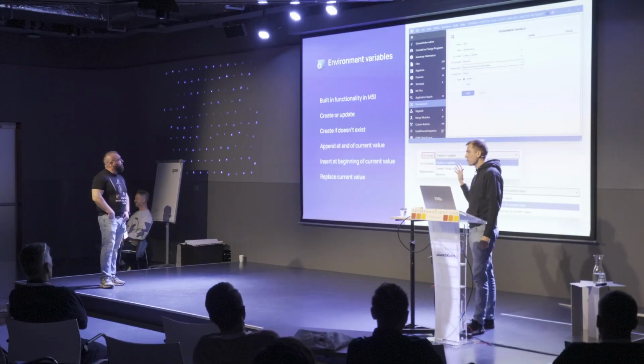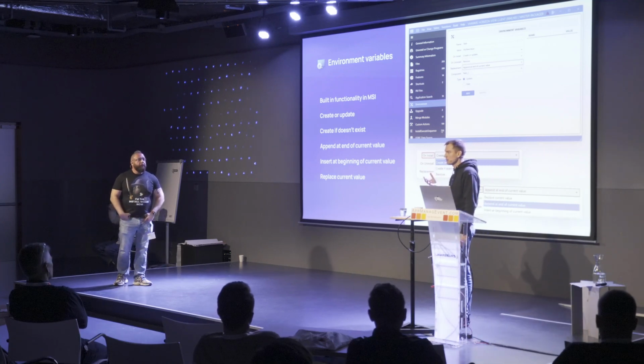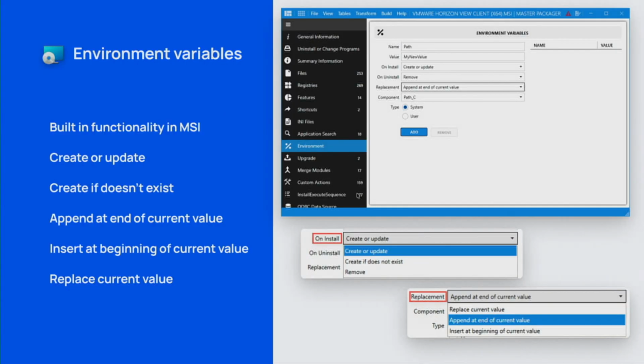From the MSI perspective, that's all built into the MSI engine itself. So again, you can do it in the tables, but here is an example where you can do it for free from the user interface. All the environment variable cases are covered here, so you can choose what to do on install, on uninstall, how to tackle that value, all that is there.